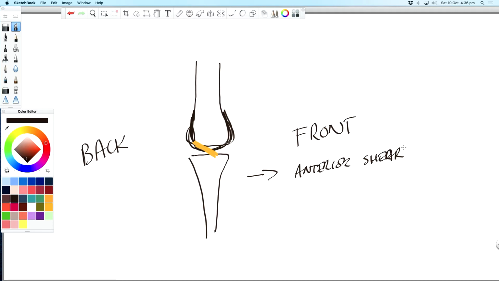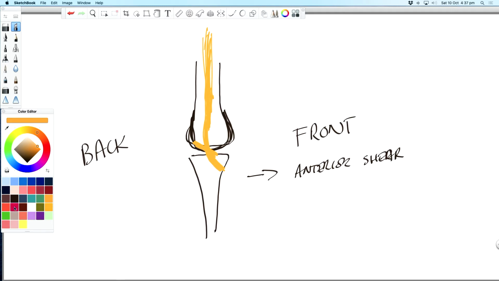Now, there are multiple other structures that also run in exactly the same direction as the ACL. On the outside of the knee, you have your iliotibial band, which is a tight band of fascia that runs down the outside of the thigh and inserts into the tibia and runs almost exactly parallel to the anterior cruciate ligament.